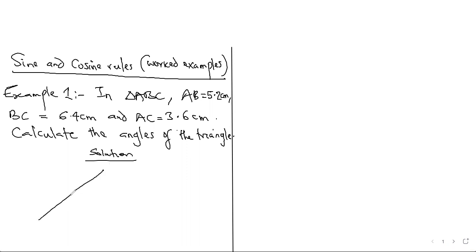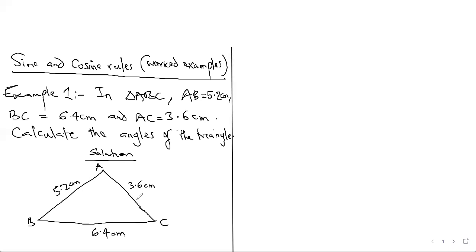We have a triangle A, B, and C. AB is 5.2 centimeters, AC is 3.6 centimeters, and BC is 6.4. These are not drawn to scale, so don't worry about whether this looks almost equal to that.